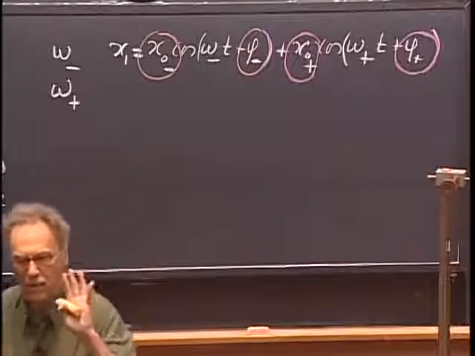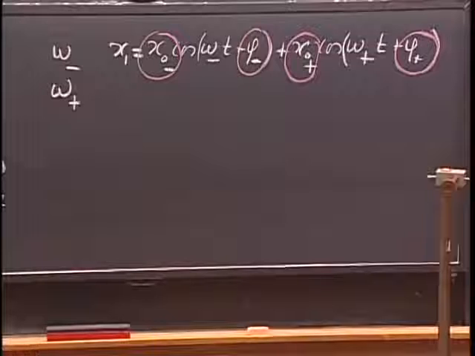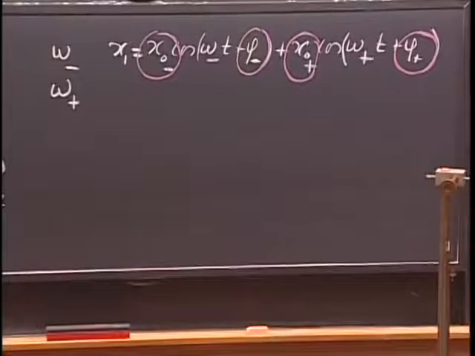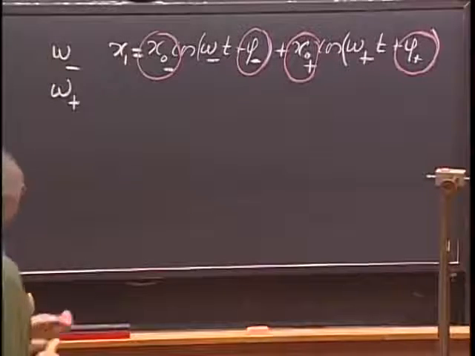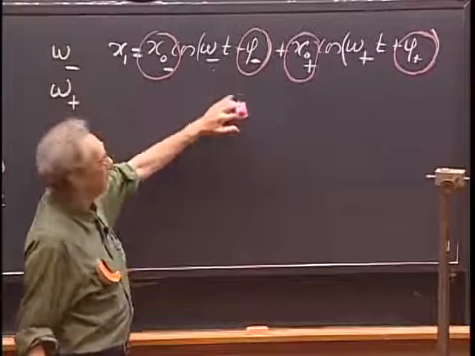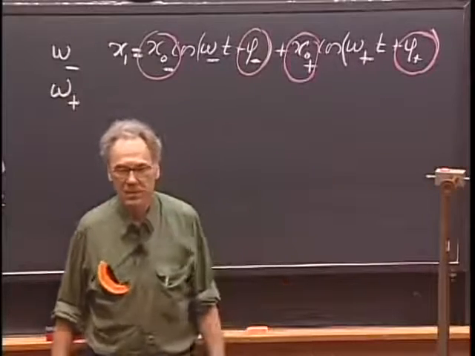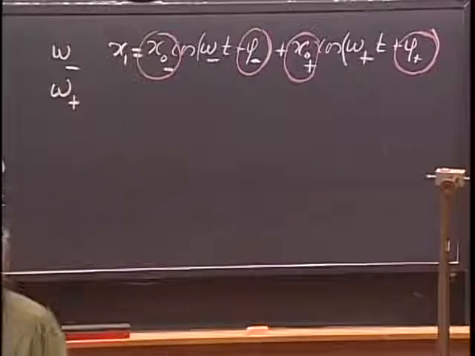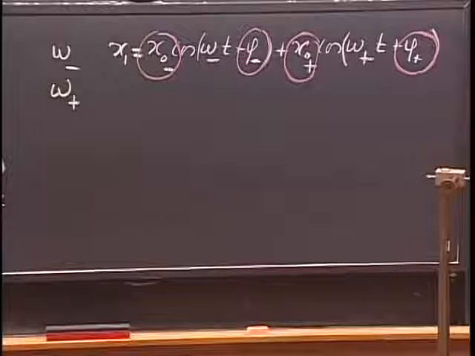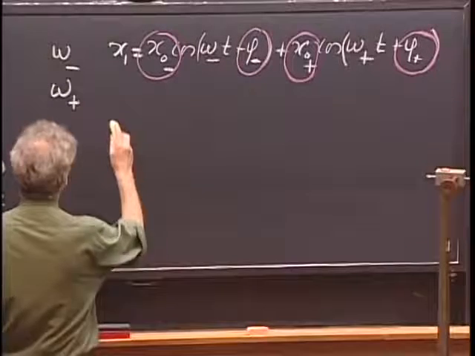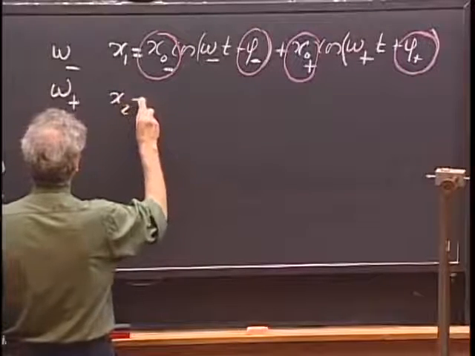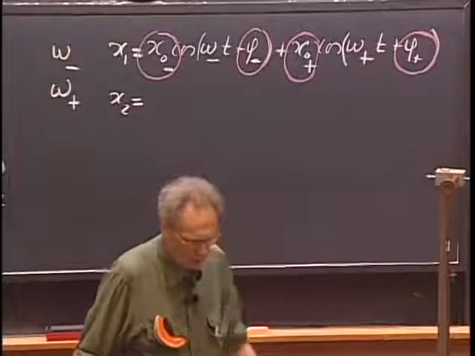There have to be 4 adjustable constants, because I have the choice between the positions at t0 and the velocities. So there must be 4. What you see is that omega minus and omega plus, which are these normal mode frequencies, are independent of the initial condition. So now I'm going to write down the position in time for object number 2.